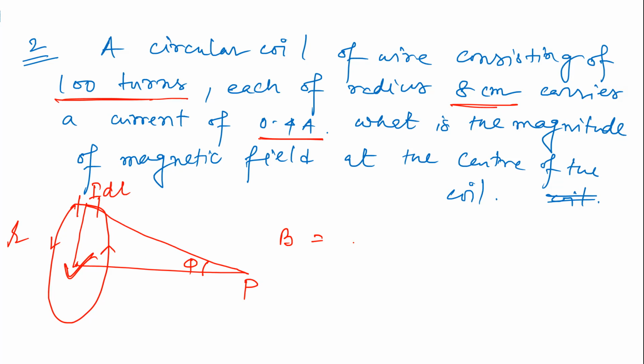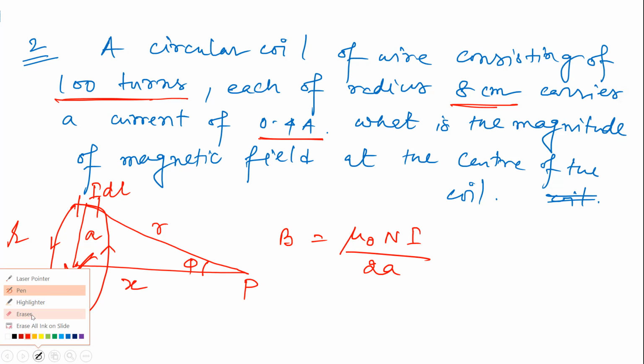at the center the magnetic field was mu naught Ni divided by 2a, right? Actually, we had a very long expression. In that case, you just have to substitute. If that was x, if that portion was a, and this is r, just substitute in that long expression x equals 0.